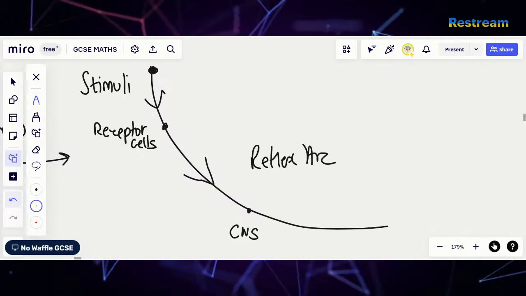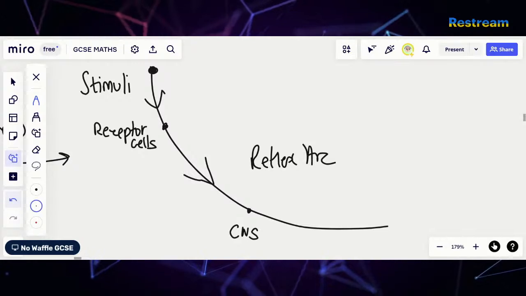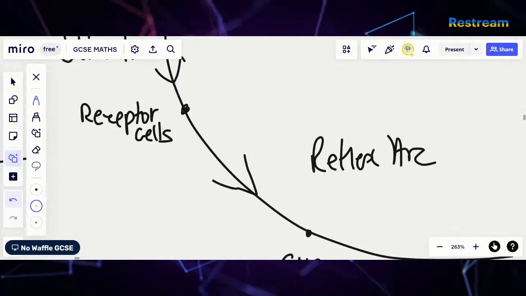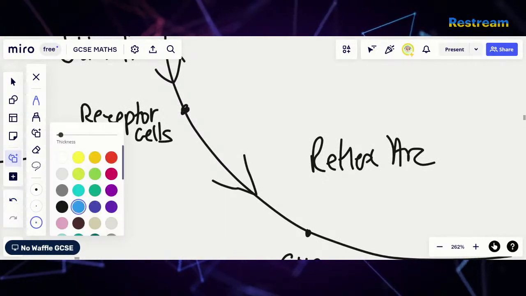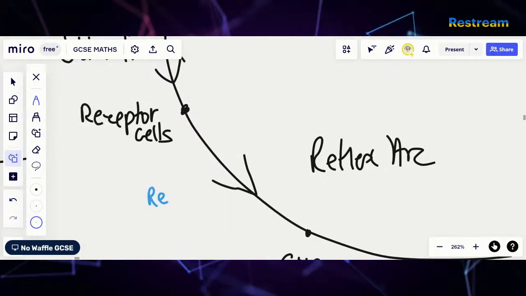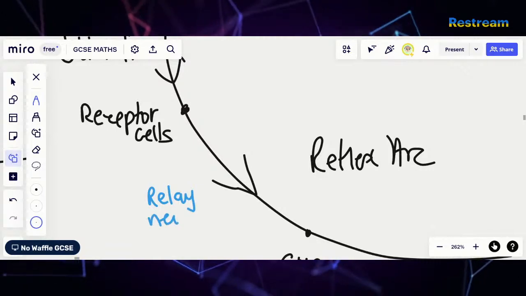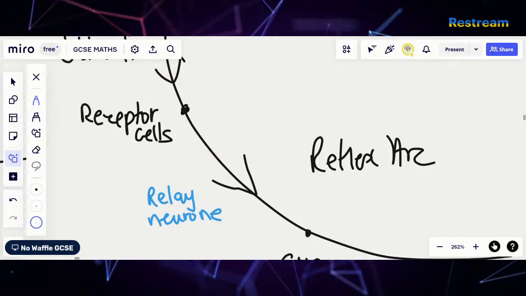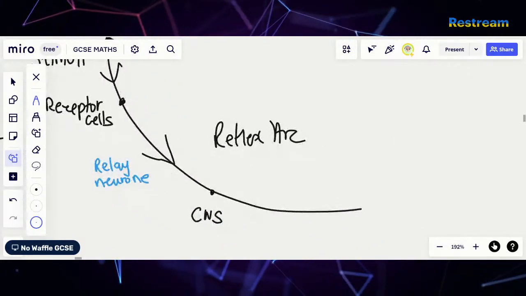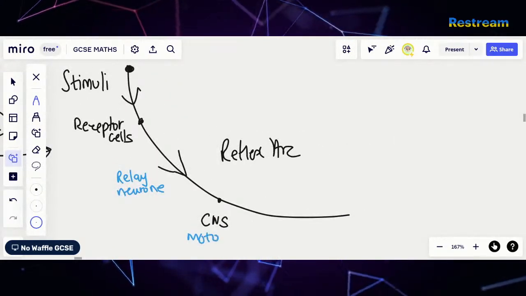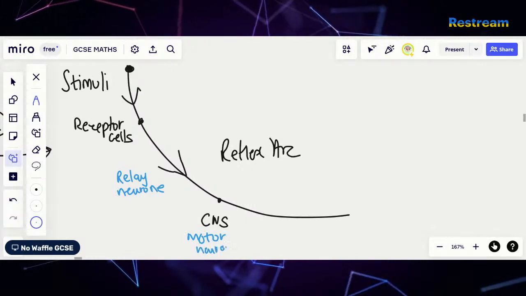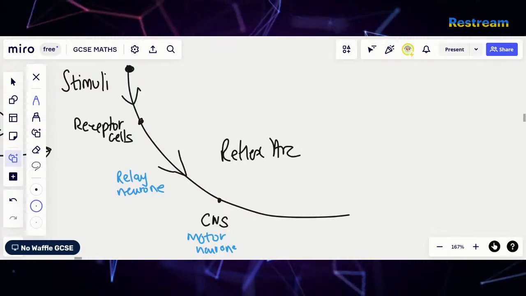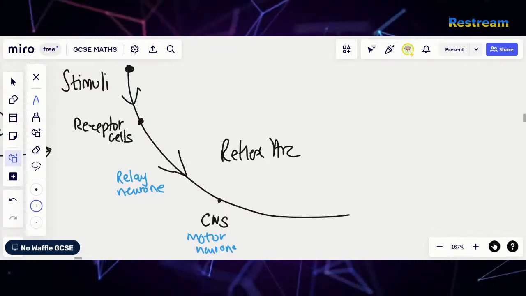So there's a sensory neuron, the relay neuron, and the motor neuron. I'll do the neurons in a different color. The sensory neuron takes it to the CNS. Then in the CNS, it's sent through relay neurons and then motor neurons. The brain and spinal cord make a decision.